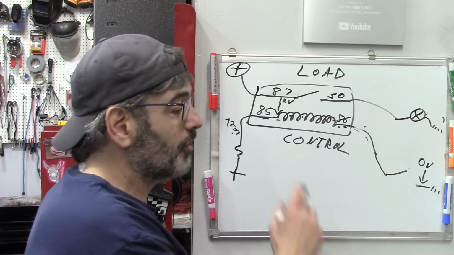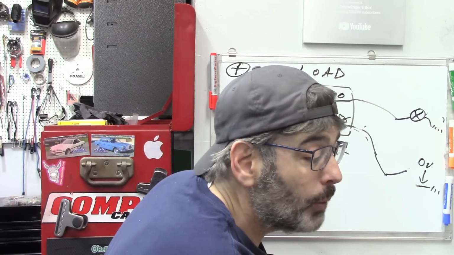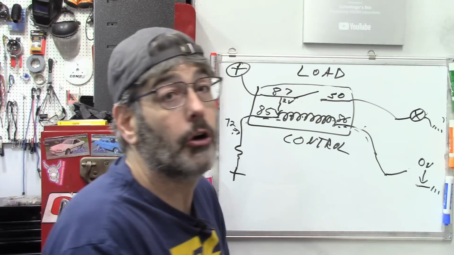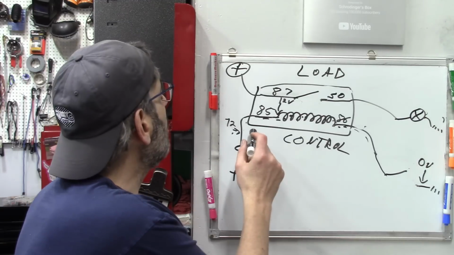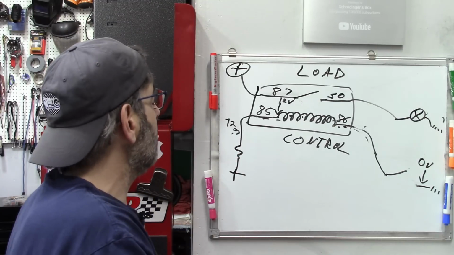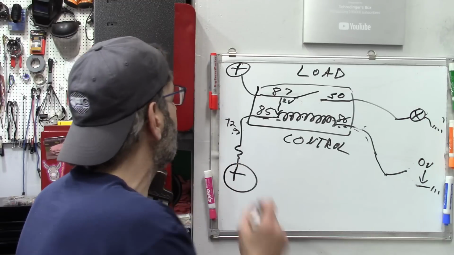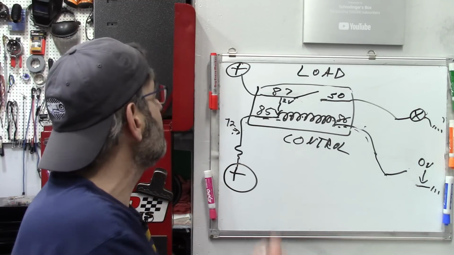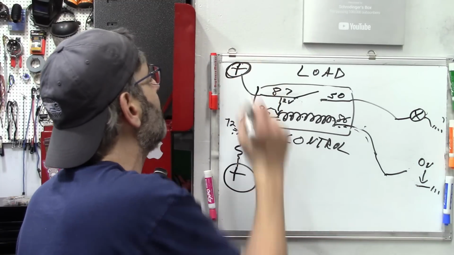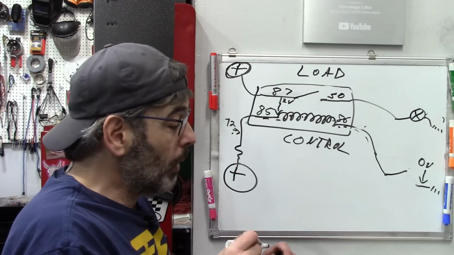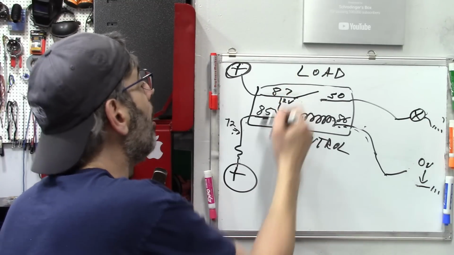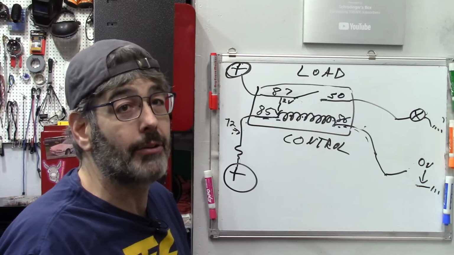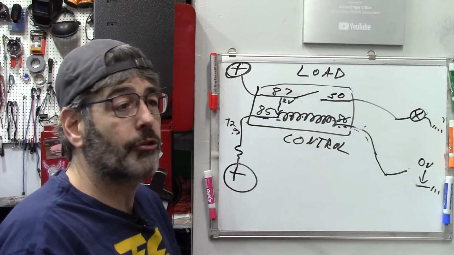But the challenge is we need to find the individual terminals. Okay, that can be a little bit challenging. For example, if this is a full-time positive over here, and this is a full-time positive over here, well, without a map, it is kind of hard to tell in the car where your load side and control side power sources are.